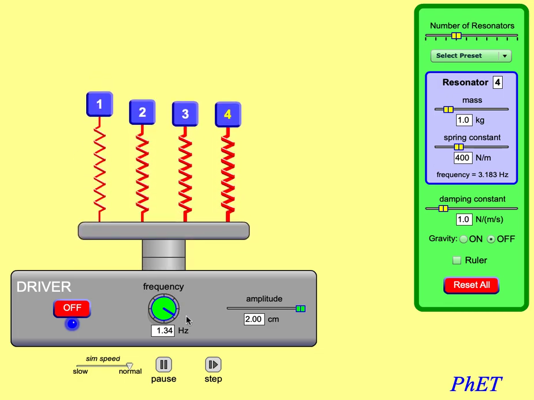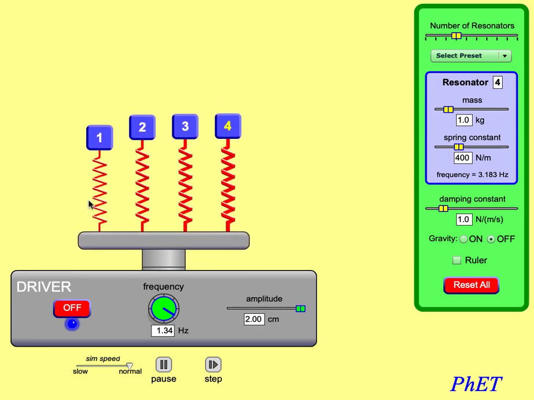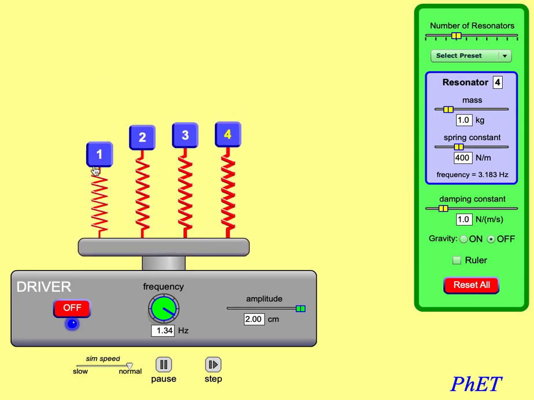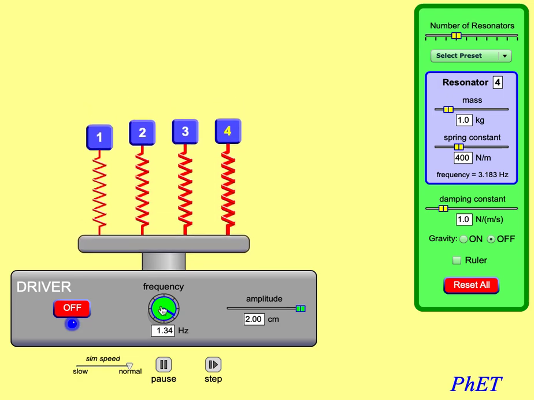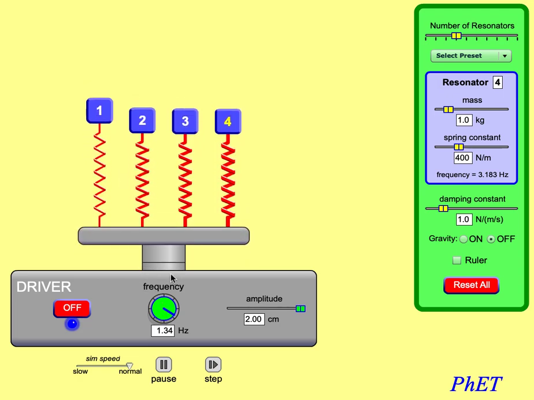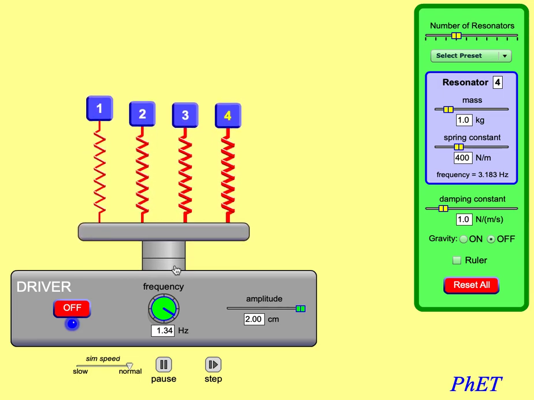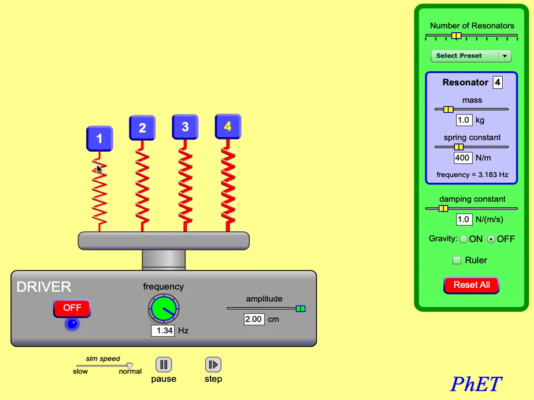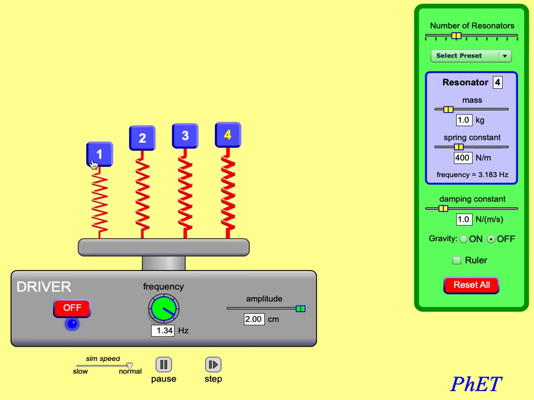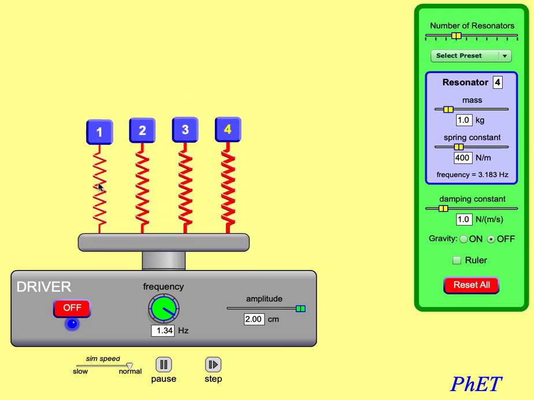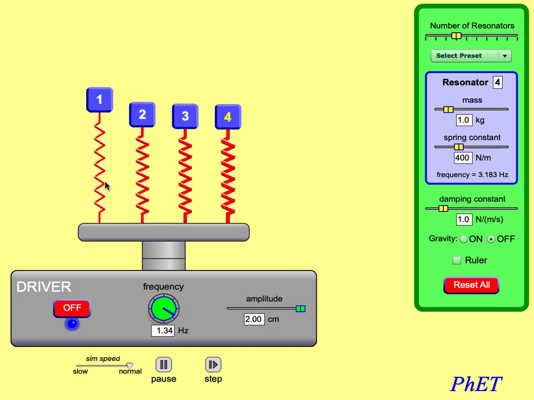So that means that it's able to transfer more of its energy to the spring, and that makes that one vibrate more. So resonance has to do with the fact that you have a driving force that vibrates at one frequency, and if the frequency of the driving force matches the frequency of the thing that's feeling the force, then the object that's feeling the force is going to have a large amplitude when it vibrates.